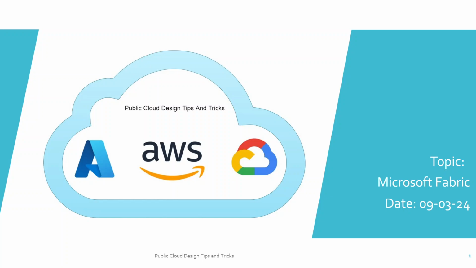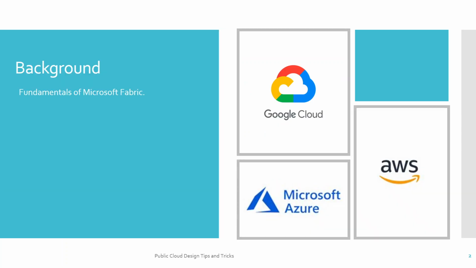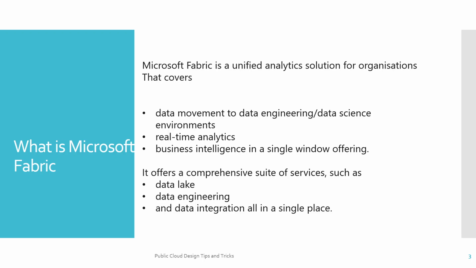It's Microsoft Fabric, and in this session we are going to discuss the fundamentals of Microsoft Fabric. Now, a little bit on what is Microsoft Fabric in short. In short, Microsoft Fabric is a unified analytics solution for organizations which covers data movement to different data engineering and data science environments, real-time analytics, and business intelligence in a single window offering.